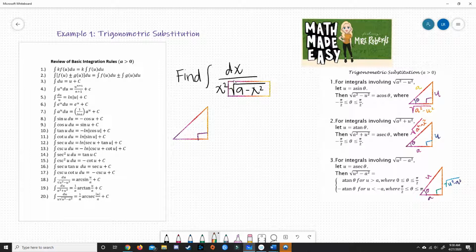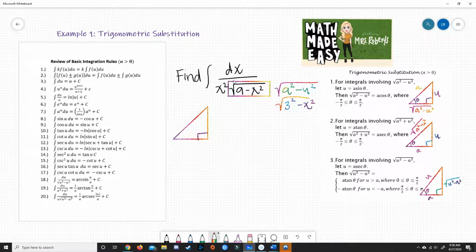And that component is definitely an a squared minus u squared, where a is 3 and u is x. So we want to look over on these, and which of them have an a squared minus u squared? Oh, number 1. Number 2 is a squared plus u squared, and number 3 is u squared minus a squared. So we are going to set up our triangle like number 1.